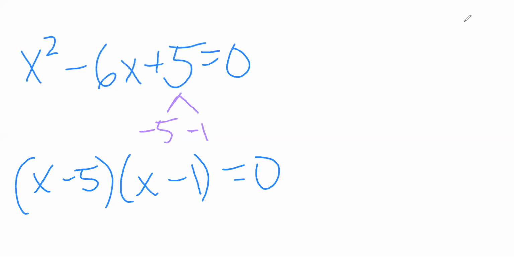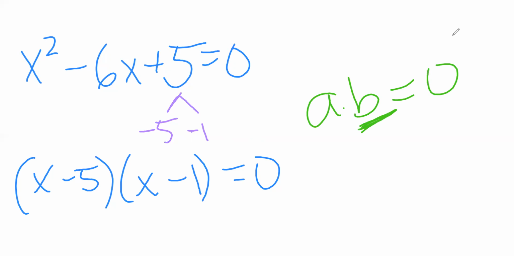So the zero product property means that if you multiply something by 0, the answer has to be 0. So if you multiply two things together, so we don't know what they are, we just say, hey, a times b is equal to 0, that means that either a has to be 0 or b has to be 0, or both of them have to be 0.